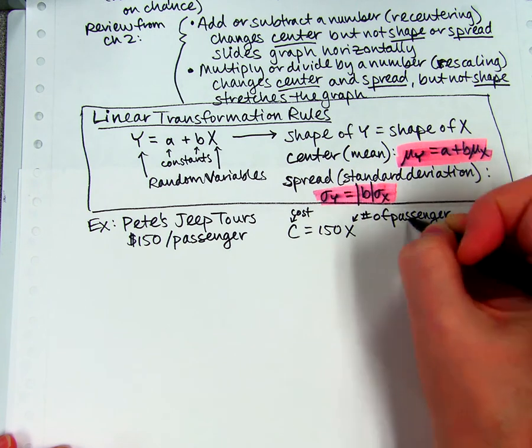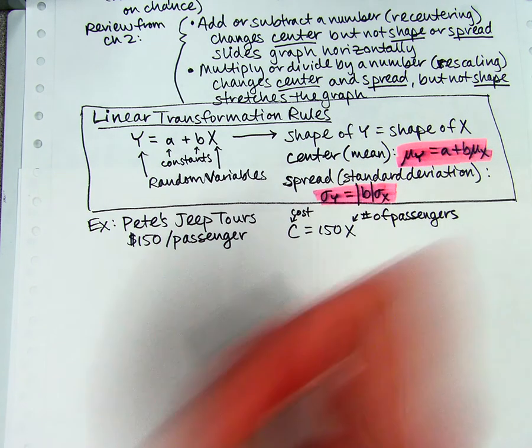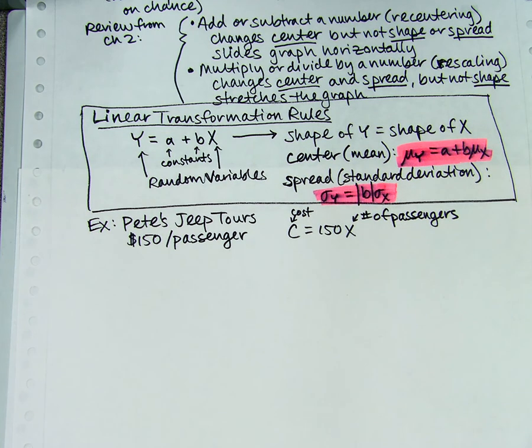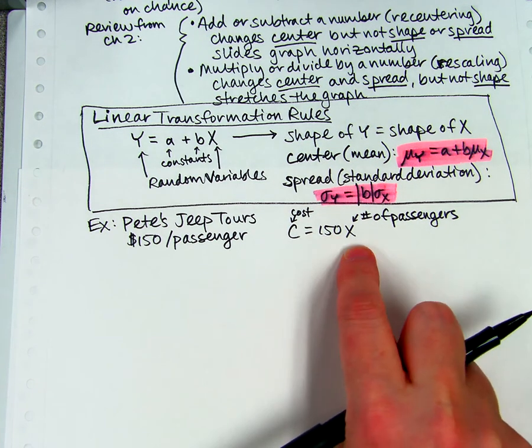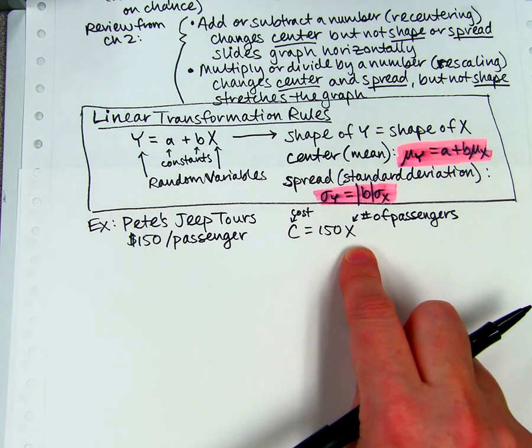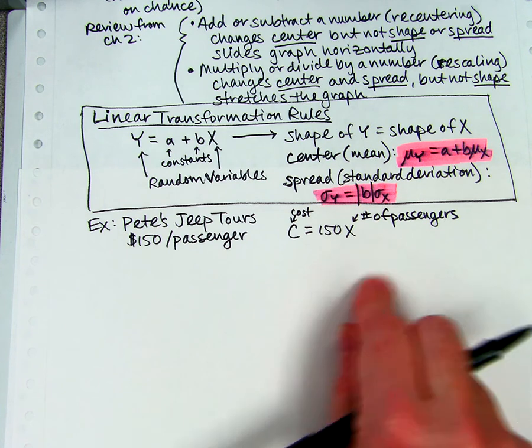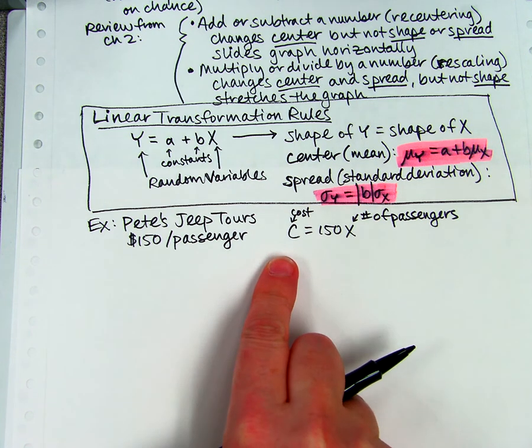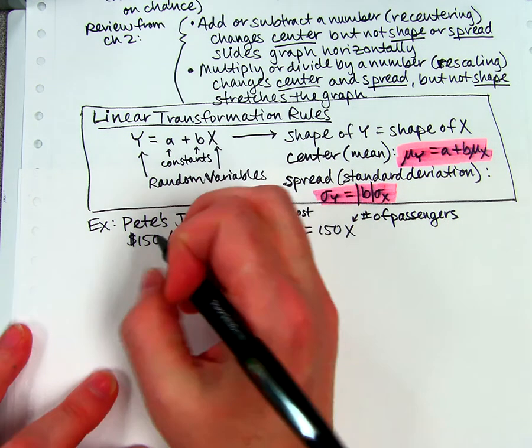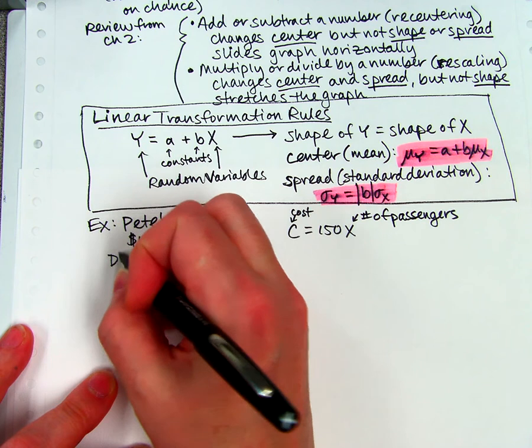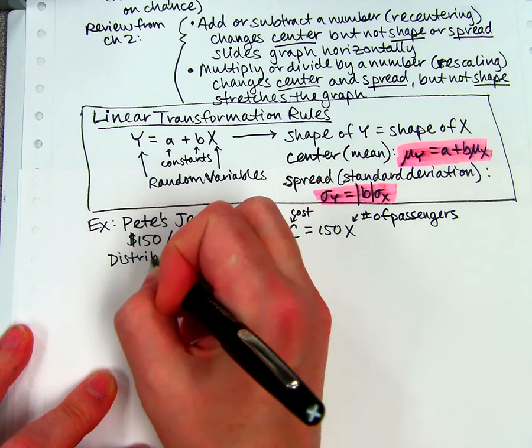Now, obviously, it only fits so many people, and so that's another issue, but we'll worry about that later. Right now, I'm going to tell you that the reason these are capital is that they are random variables. So a randomly chosen tour would have X passengers and would cost them this much, which of course is profit for Pete. So the distribution of X is known. He looks back at his past records and figures out the distribution.